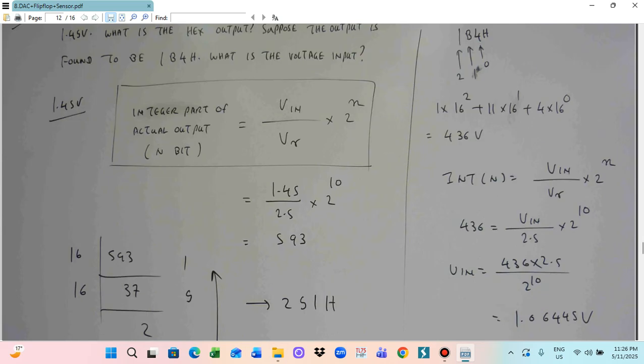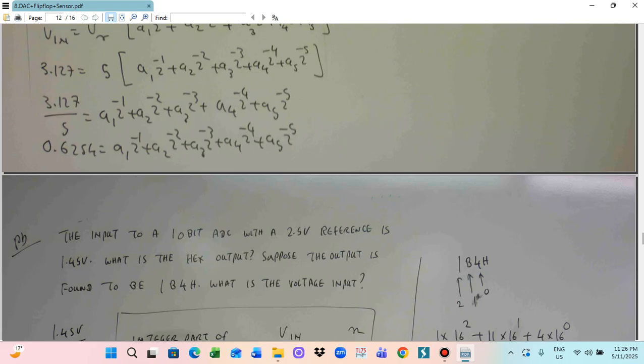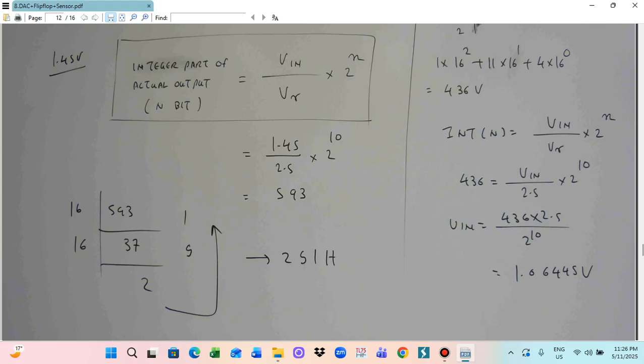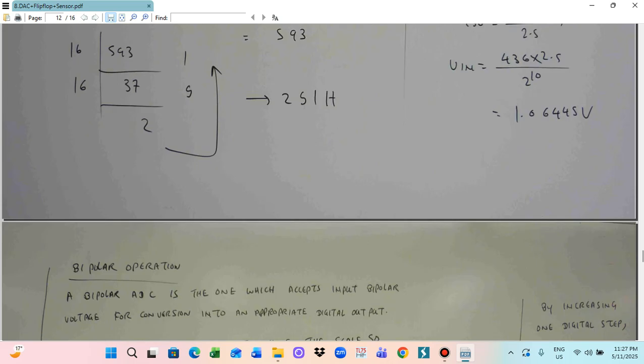So the input is calculated from the equation: int n equal to Vin by Vr into 2 power n. So the int is 436, Vin we don't know, Vr is 2.5, and 2 power 10. By solving this one, we can calculate 1.064.